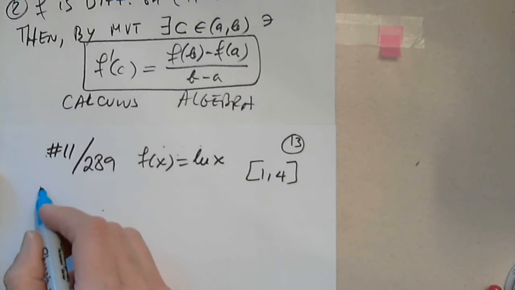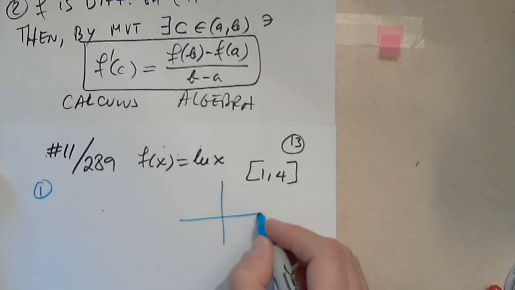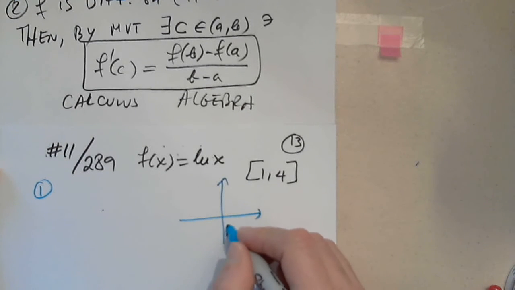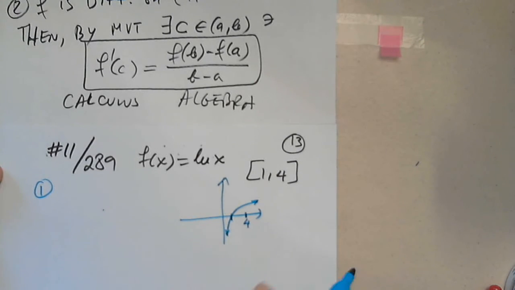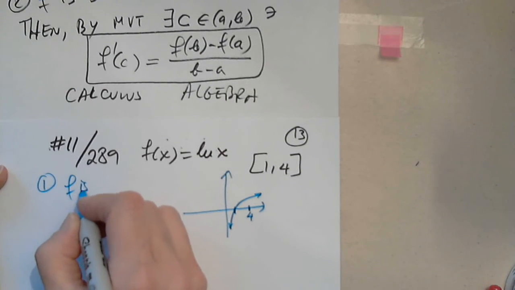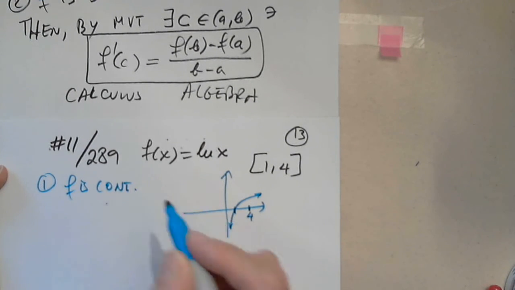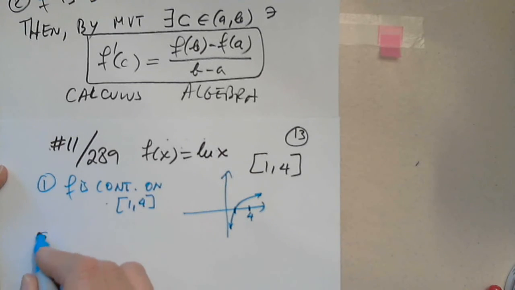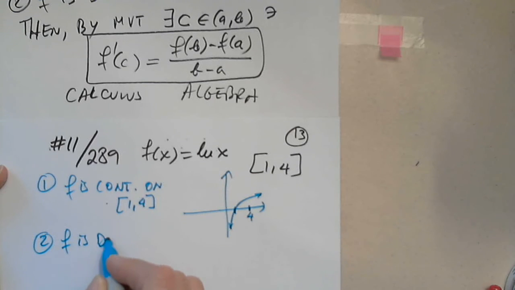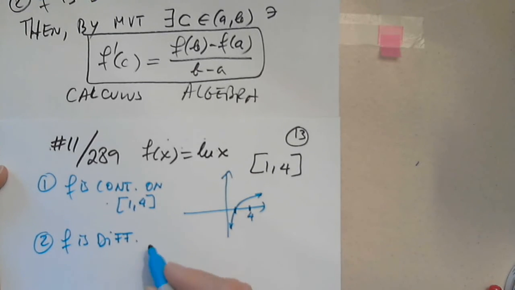Okay, so number 1, I know how the natural log function looks. Remember, it's one of our friends. Obviously, on 1, 4, this is 1, and this is 4. Obviously, it's continuous and differentiable. So then f is continuous on 1, 4. Number 2, f is differentiable at least on 1, 4.